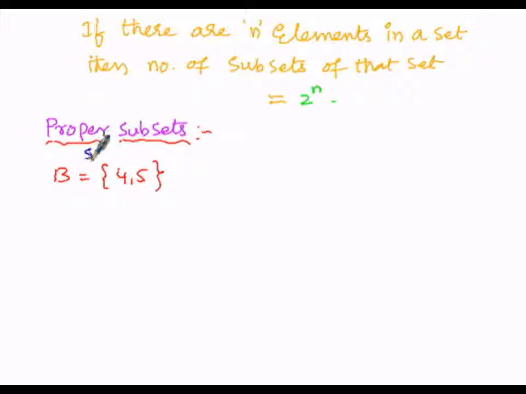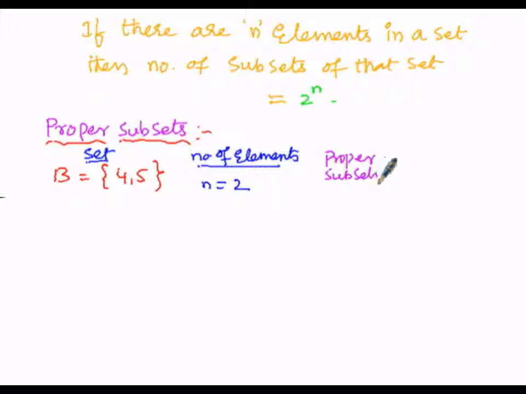So the number of elements n is equal to 2. Then now proper subsets. So proper subsets are.